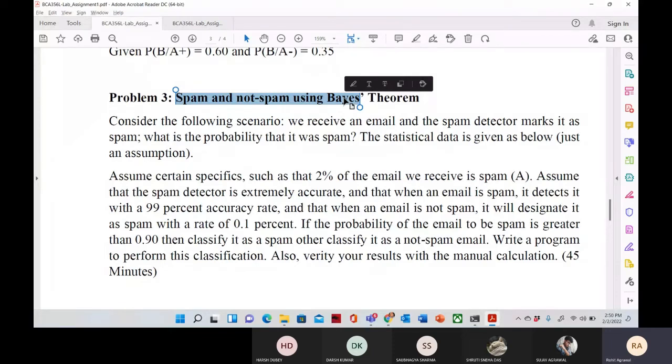If the probability is greater than 90%, then this is spam. If it is less than 90%, then it is not spam. It depends on us how much we set the threshold.